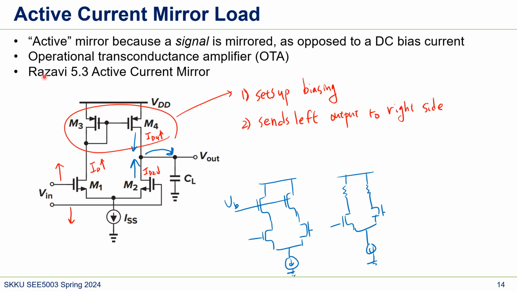You can also refer to Razavi section 5.3, active current mirror. This is an active mirror because the signal is mirrored here, unlike just a DC bias. In the fully differential amplifier, the DC bias is just constant, right? Unlike that, here this bias voltage is active. It reacts to the input, and it goes to the output. So there are two paths, and it's an active current mirror.